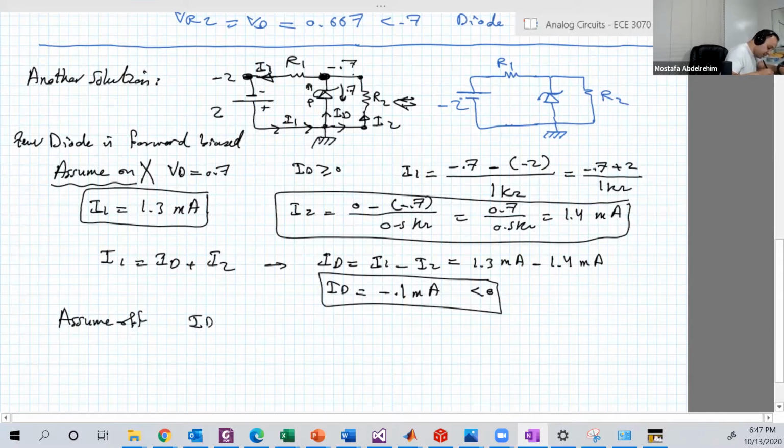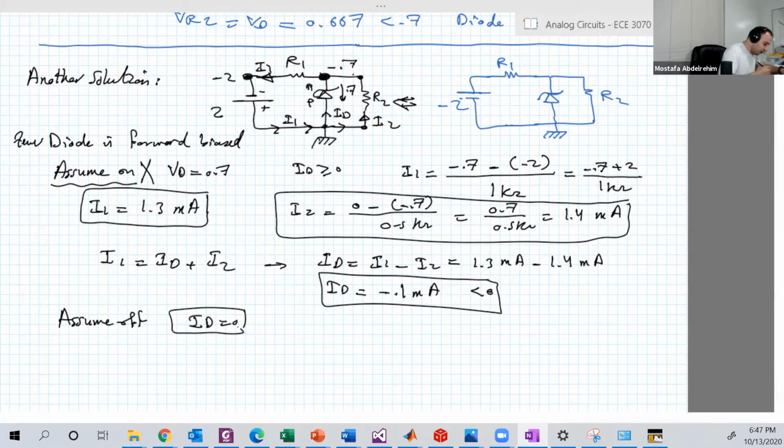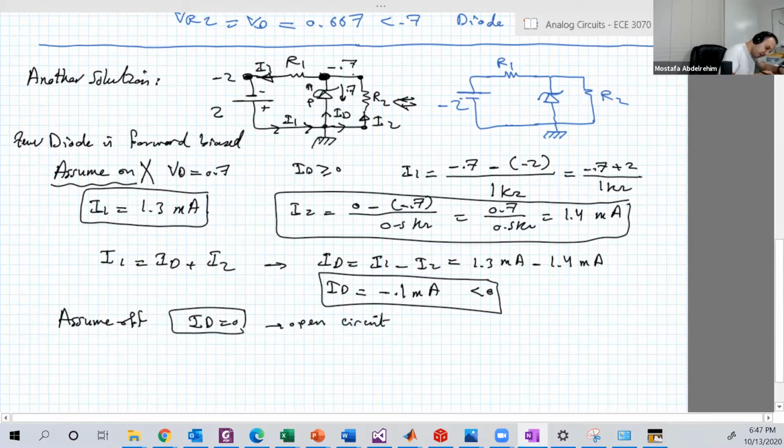So ID is equal to 0, and we should find that VD is less than 0.7 this time. ID is equal to 0, that means it's like an open circuit. Okay, so we can find VR2 in that way.